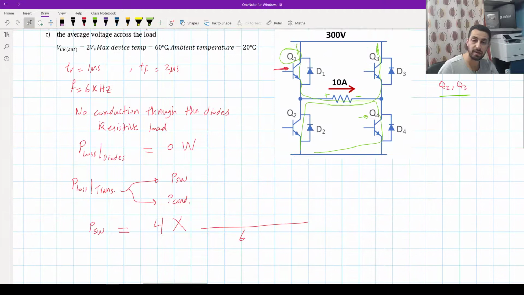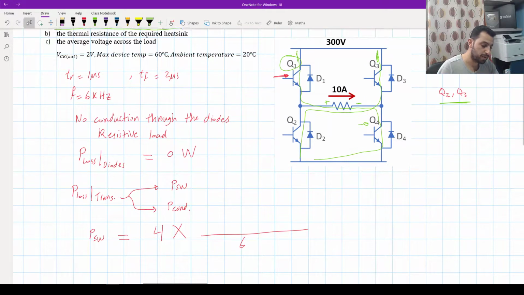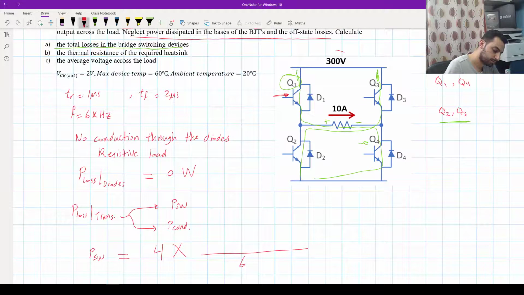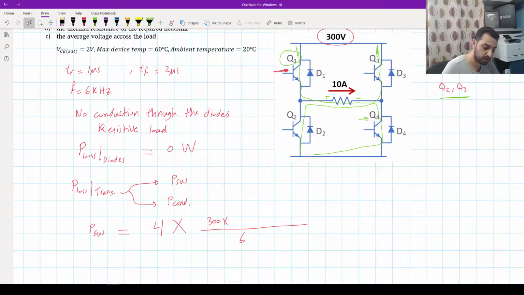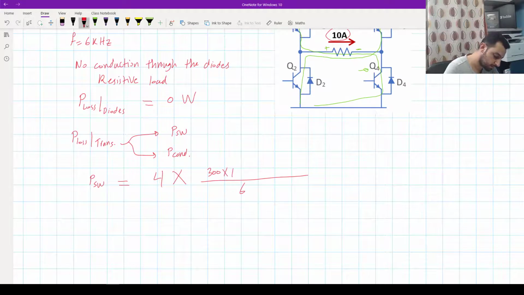So what is the Vmax for this transistor? It will be the 300, which is this one. Okay, so 300 volt times what is the I max going through the transistor. I think we are given this 10 ampere here, so it will be 10 ampere times the frequency. I think you remember the equation for P switching.